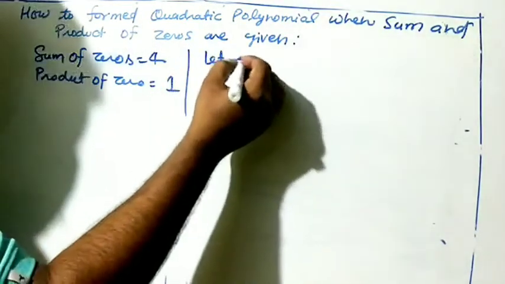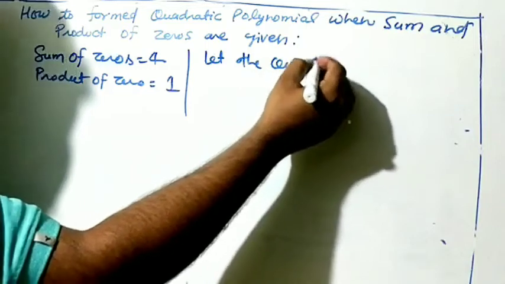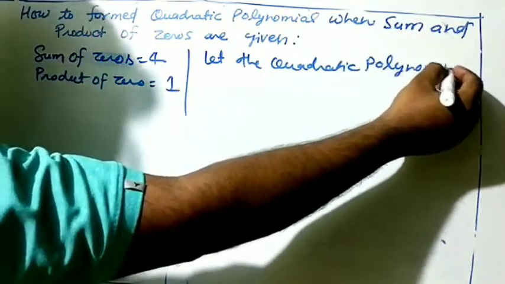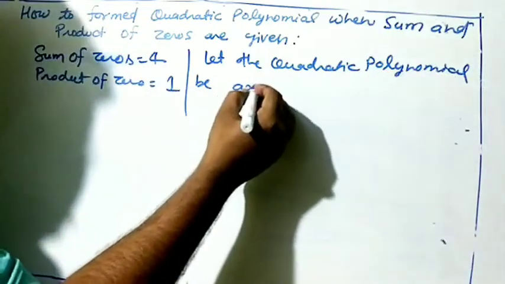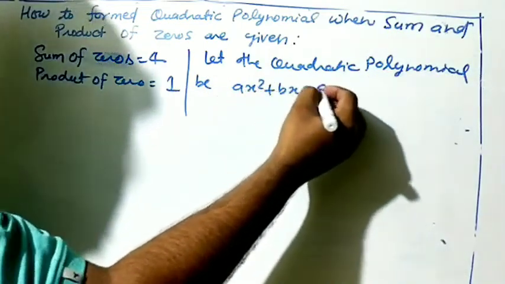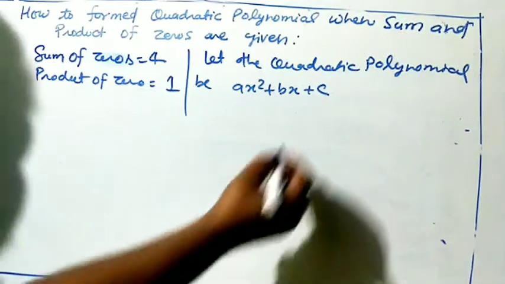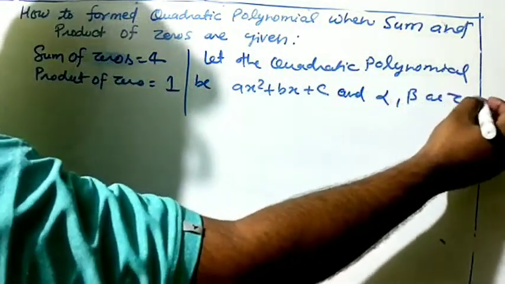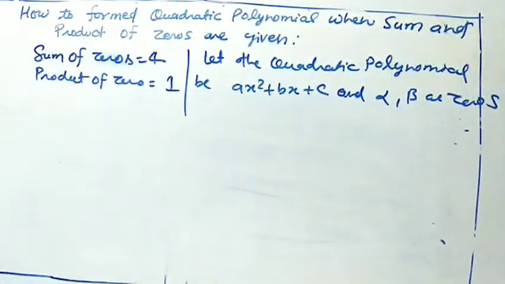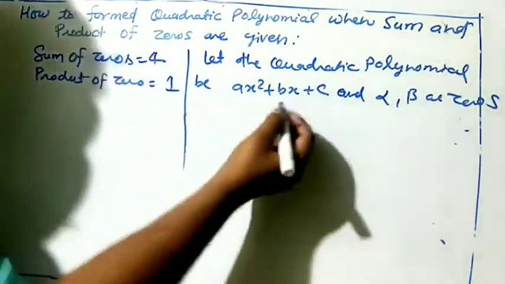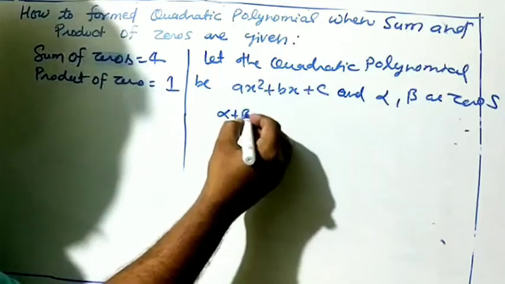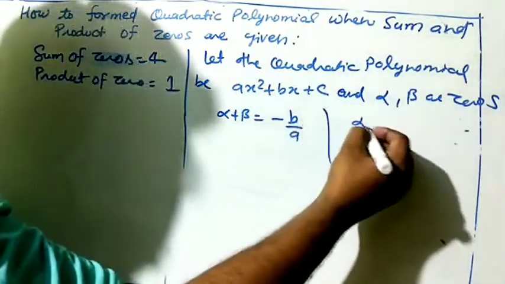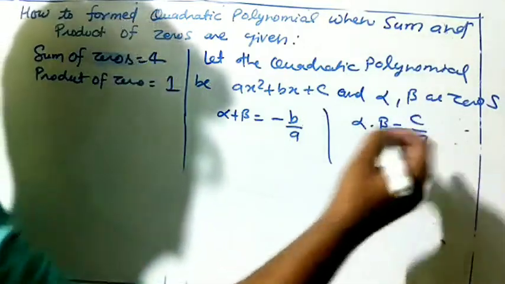So let the quadratic polynomial be ax square plus bx plus c, and alpha, beta are zeros. So what do we know about the sum of roots? Alpha plus beta equal to minus b upon a, and alpha into beta, the product, is c upon a.